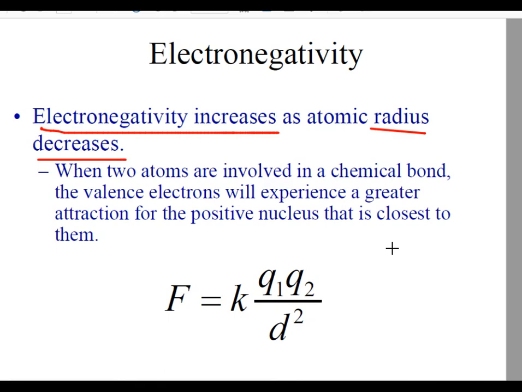But if the atom is small, the electrons can get closer to the nucleus. And again, according to Coulomb's law, this is going to be the key to everything, if the distance goes up, the atoms are big, the electrons can't get as close, then the force is going to go down. That force of attraction, which is what electronegativity is. The force of attraction for another element's electrons.